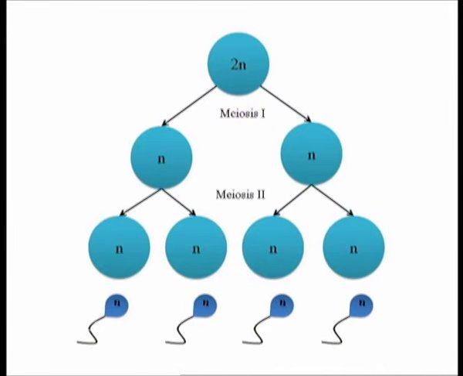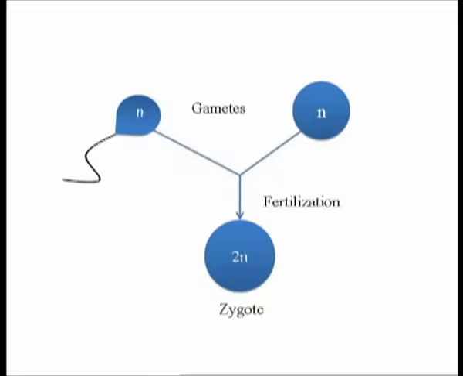Meiosis occurs during gamete formation, that is gametogenesis, and reduces the number of chromosomes from diploid, that is 2n, to haploid, that is n number in the gametes. These haploid gametes fuse to form diploid zygote during fertilization. The diploid zygote develops into a normal diploid individual.